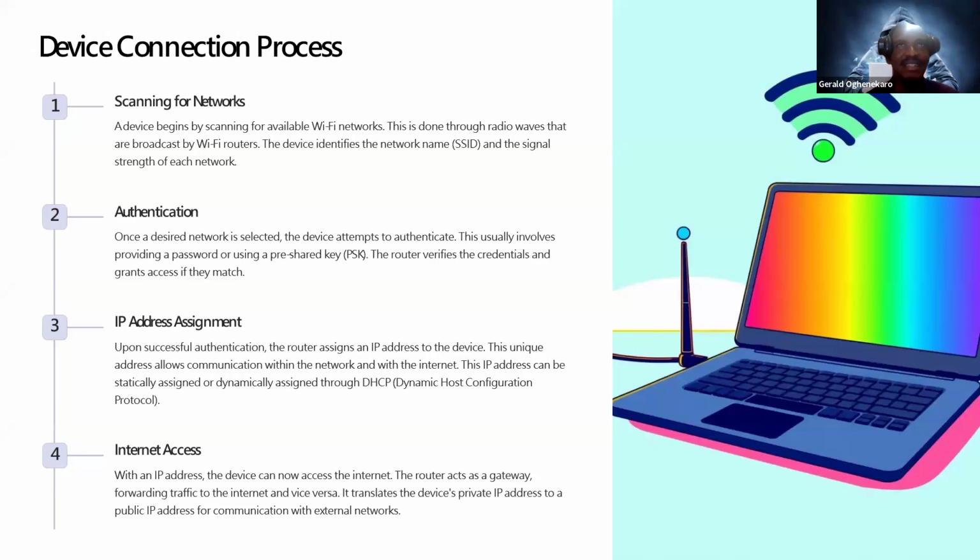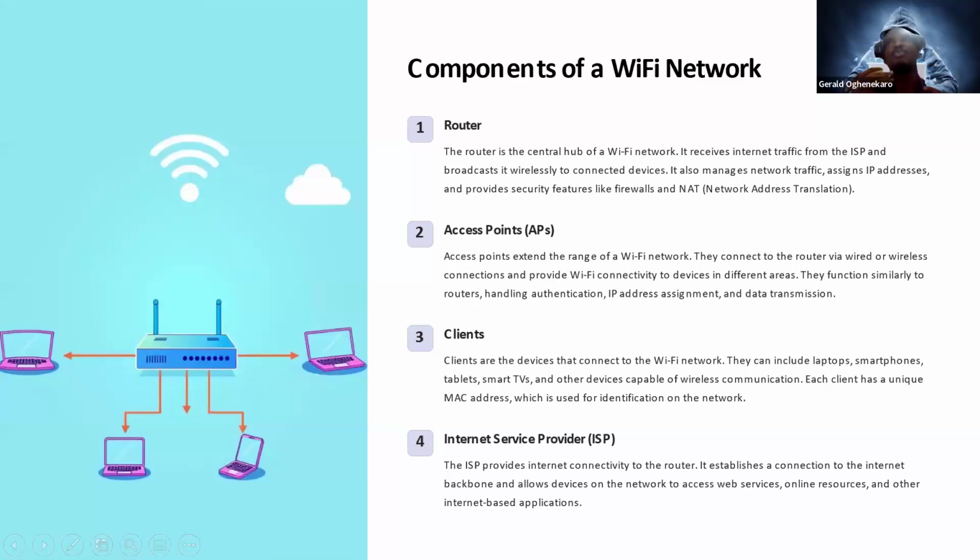Then your internet access: after connecting, you access the internet with the IP that has been provided. So now, what are the components of a Wi-Fi network? We have the router, the access point, and the client, and I've mentioned clients being the device that you are using.